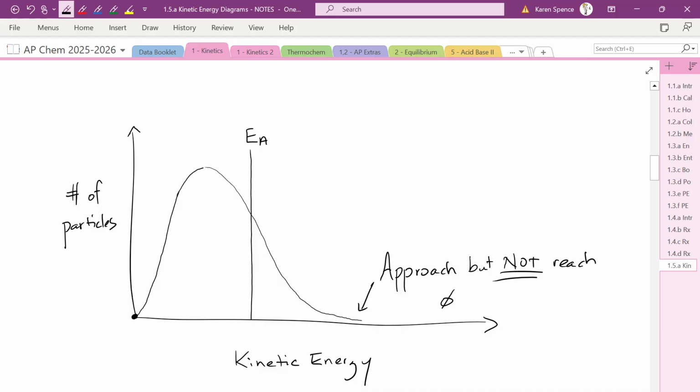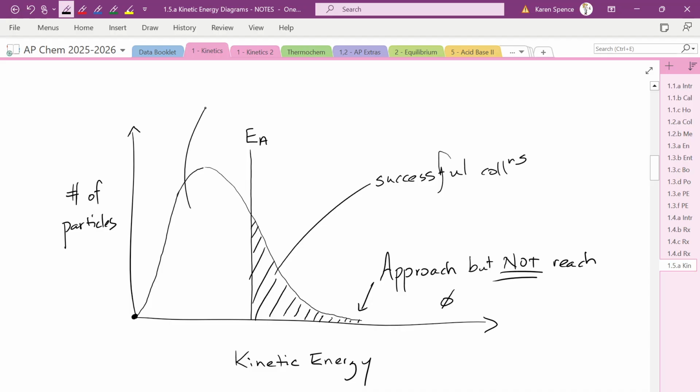To the right of the line. So these are the successful collisions. And over here, we have the unsuccessful collisions.